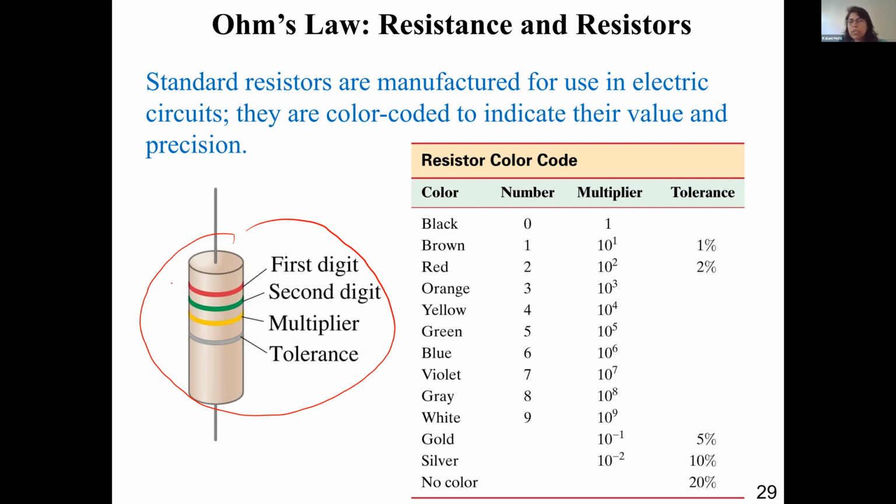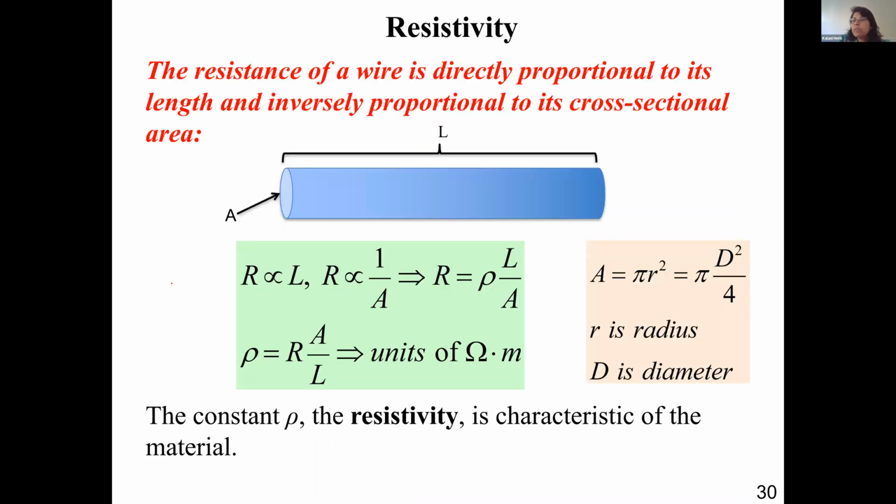But if somebody is wondering why the colors are there, the colors have a meaning that gives you the value of the resistance. If I follow the rule of the color code, we can calculate it, but we are not going to do that. Okay. And as I mentioned, resistance is a manufactured value that is calculated by using manufacturing information.